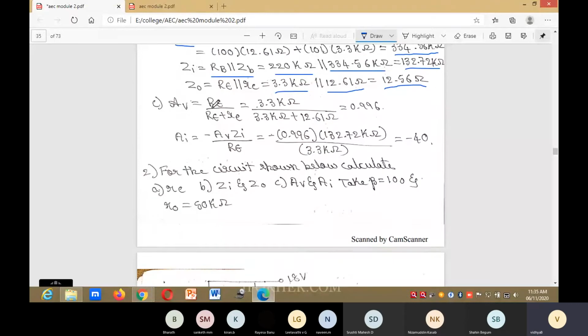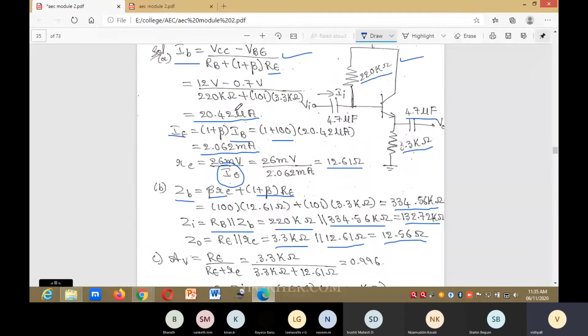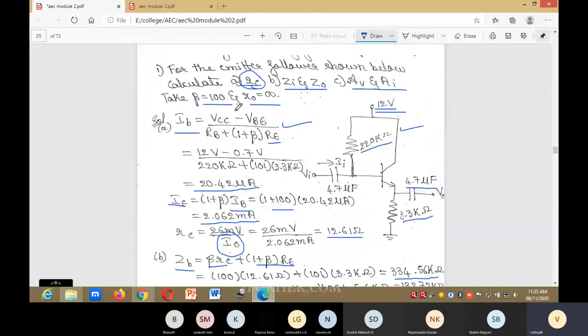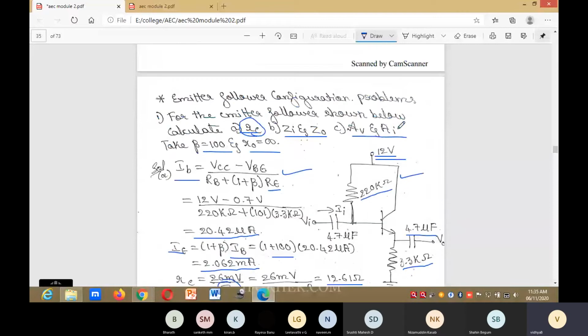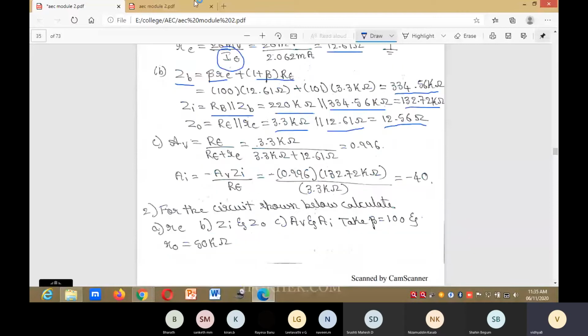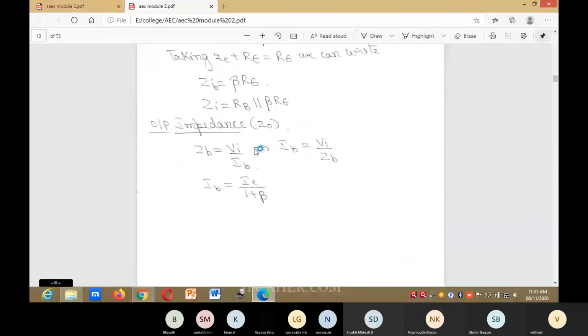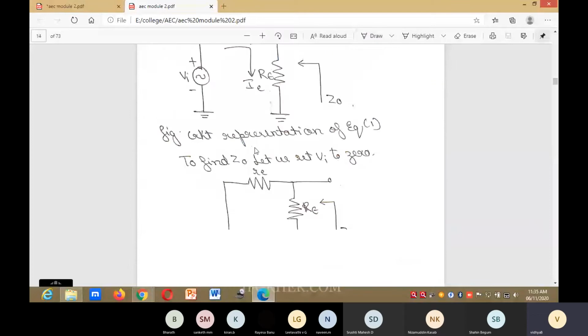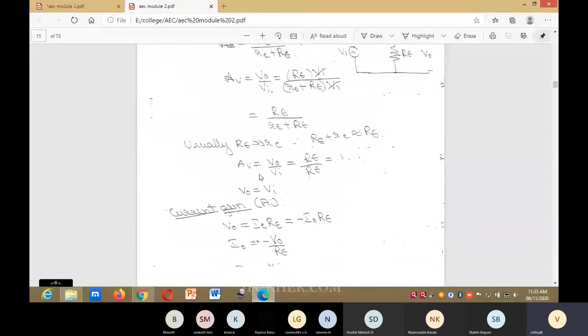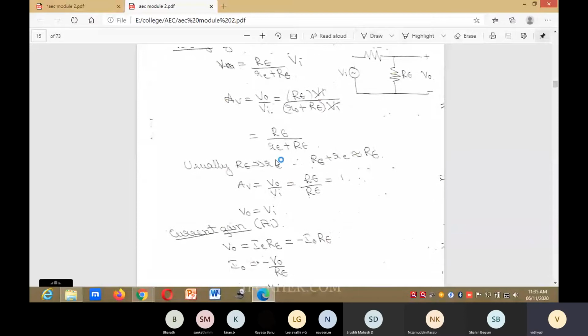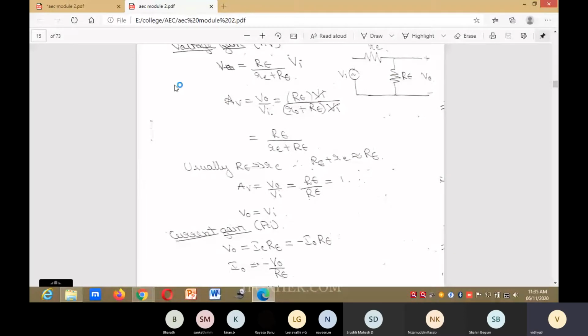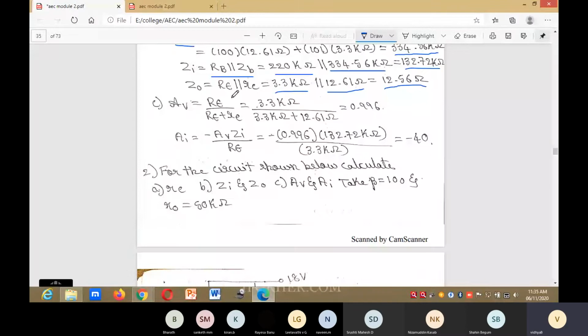Next, they have asked to find AV and also AI. What is the formula for AV? Output voltage gain. The voltage gain formula is capital RE divided by capital RE plus small re.